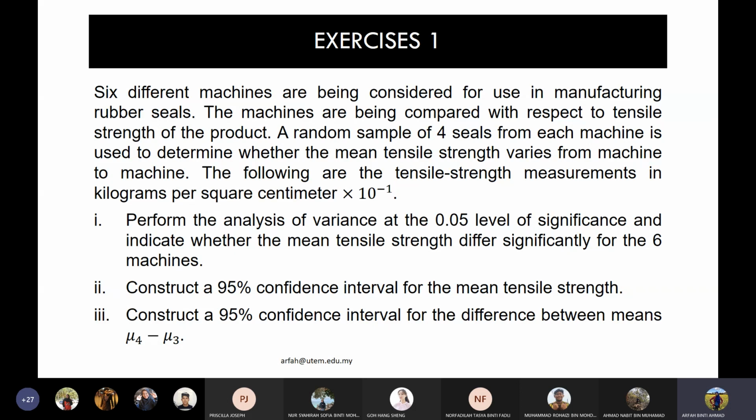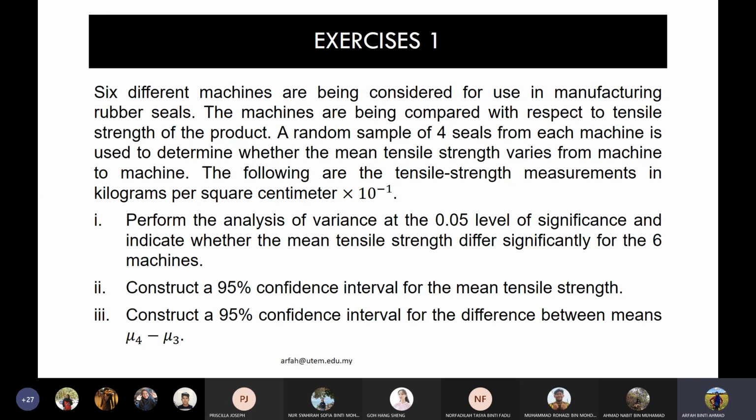So perform the analysis of variance at the 0.05 level of significance and indicate whether the mean tensile strengths differ significantly for the 6 machine. Okay. Construct a 95% confidence interval for the mean tensile strengths and construct a 95% confidence interval for the difference between mu4 and mu3.